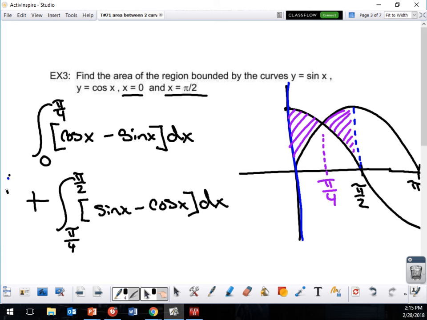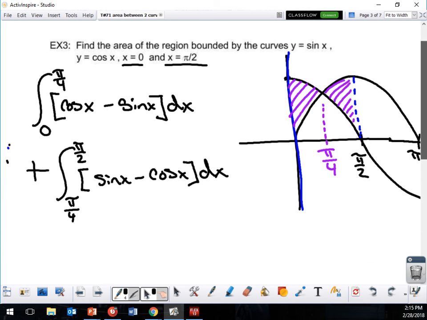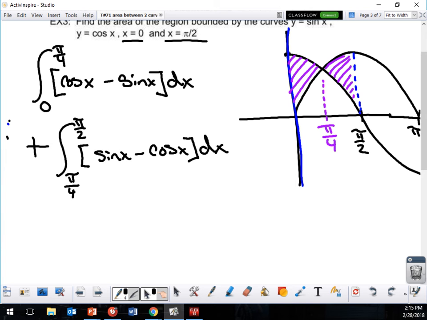Integration of cosine is going to give me sine, so it's going to be sine x minus the integration of sine, which is negative cosine. So this is going to turn into positive cosine. Plus cosine, from 0 to pi over 4.